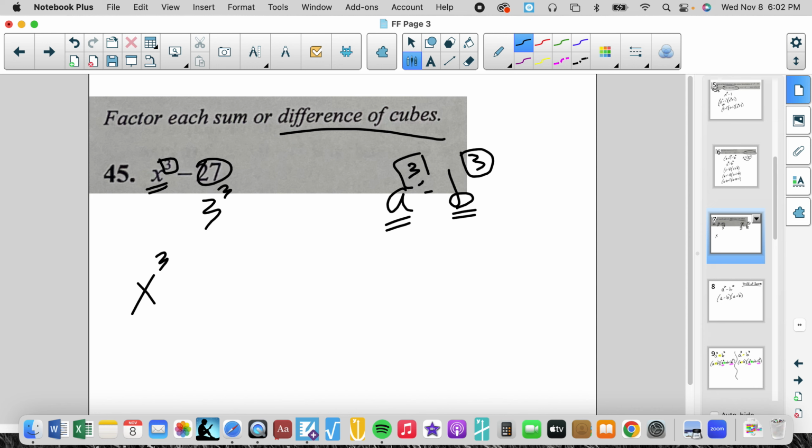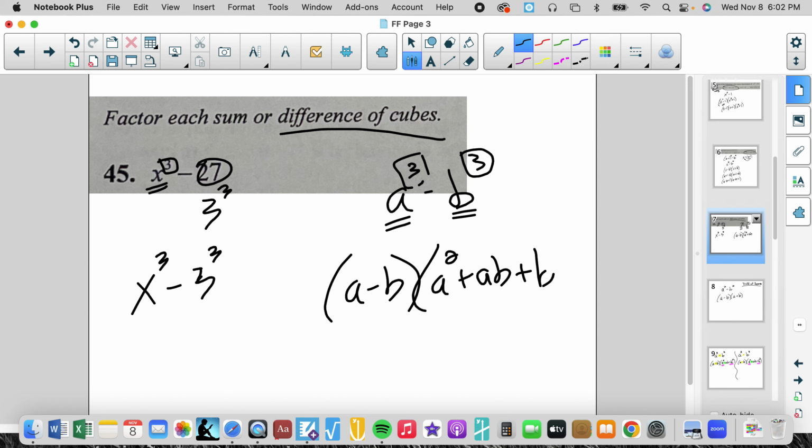So we really see this as x cubed minus 3 cubed. So I know my a is x and my b is 3. So remember, I get a minus b times the quantity a squared plus ab plus b squared.